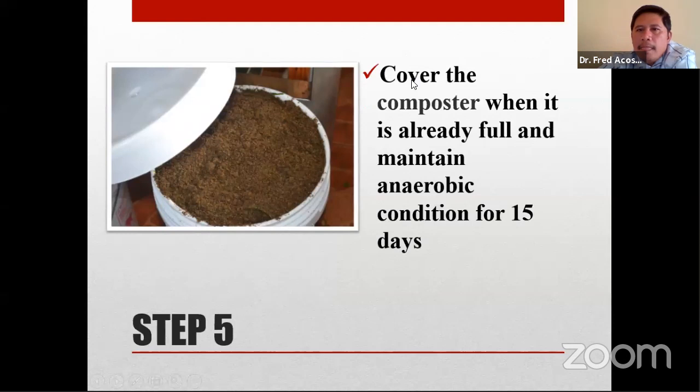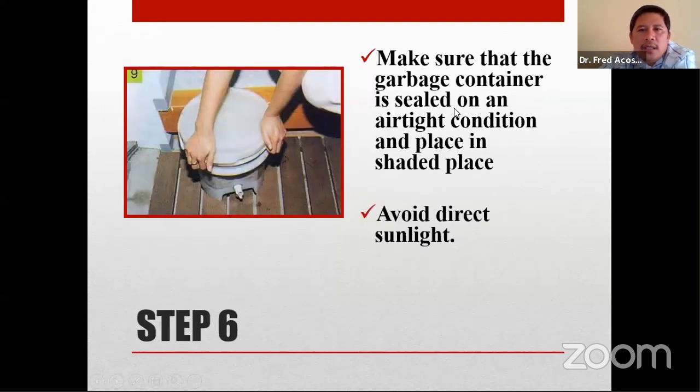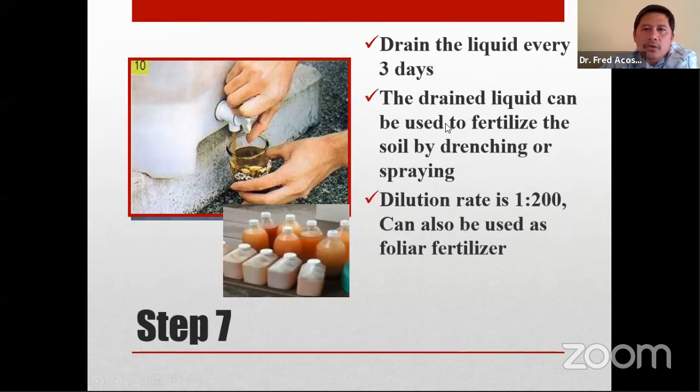And then make sure that the composter is sealed airtight, and then place it in a shaded area without direct sunlight. Every 3 days you drain the liquid. This liquid can be used to fertilize the soil by drenching, or you can spray it directly on your plants.